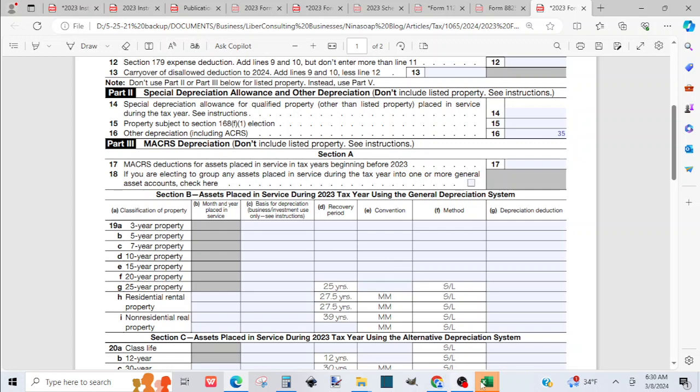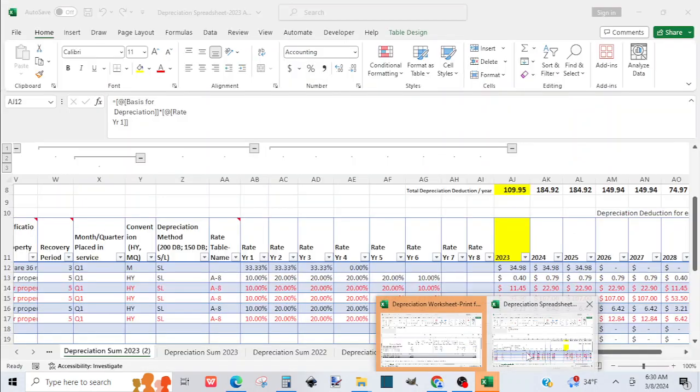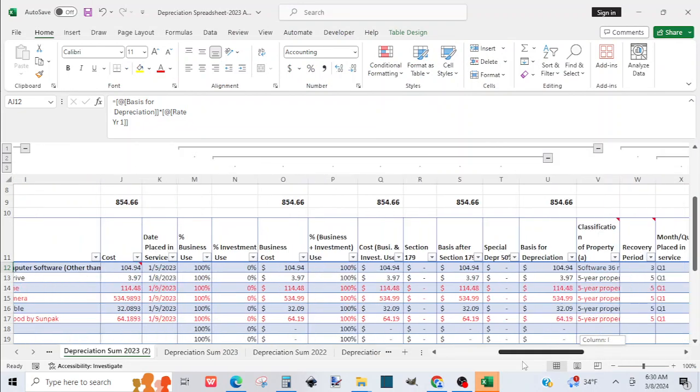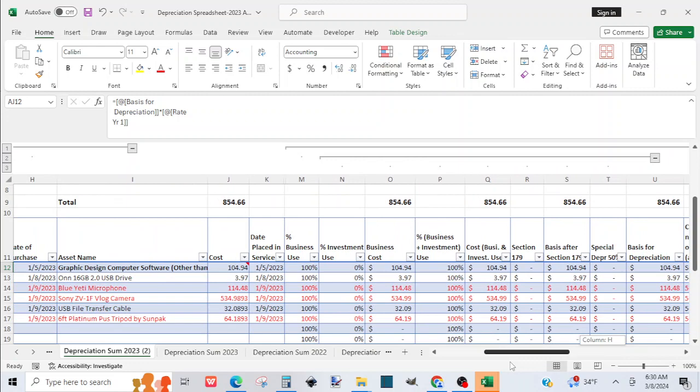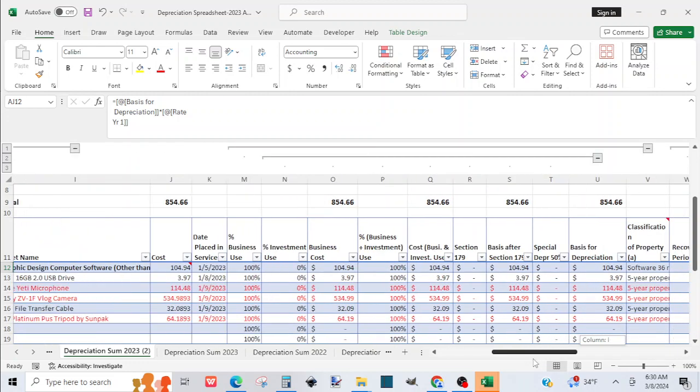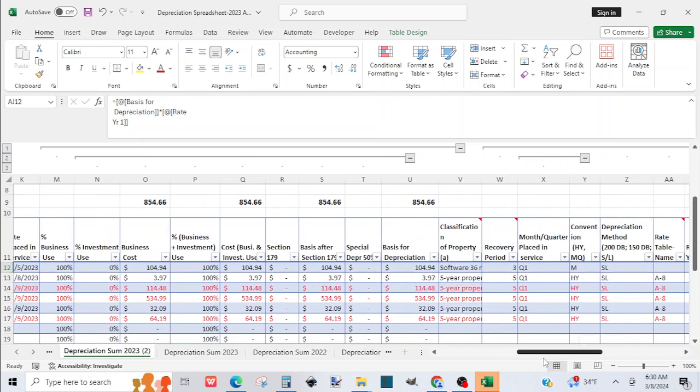So that means you need to track when you place each asset in service, so you'll be able to determine the mid-quarter for each one of those assets. That's why I have the quarter section to list them as well.